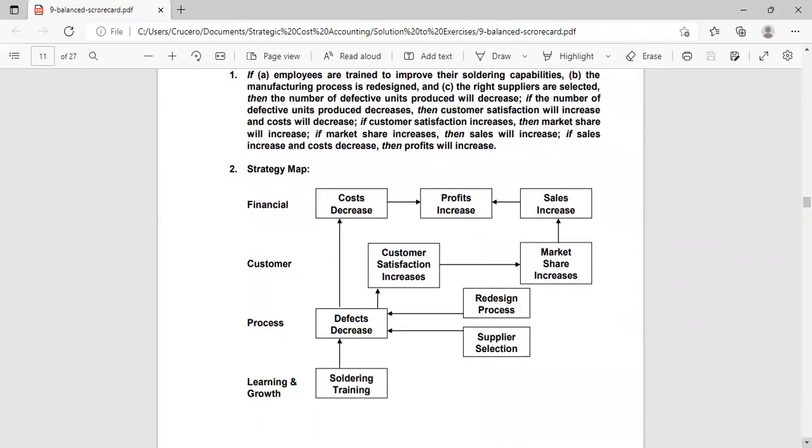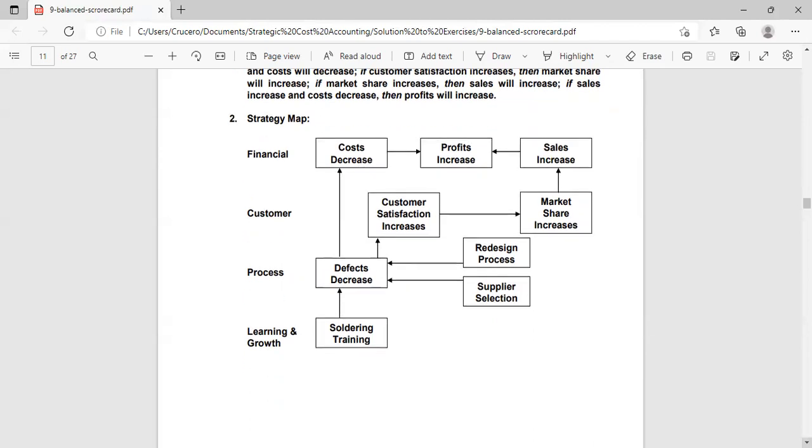Then for customer: market share increases, will increase sales, customer satisfaction. Process: market share increases, defects decrease, redesign process, and supplier selection. Soldering training under learning and growth.